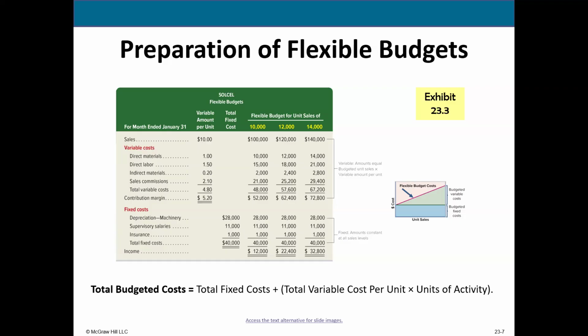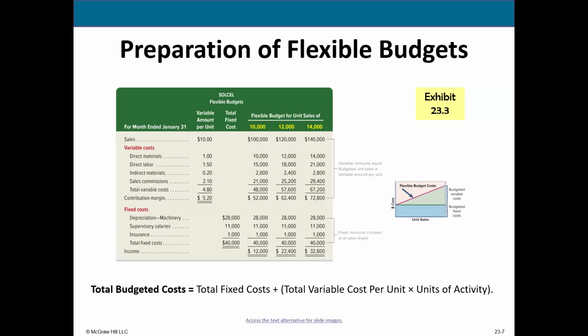The second thing we need to do is identify the costs and classify them as either being fixed or variable costs. So we're separating out our variable from fixed costs, just like we've done before. So we know that variable costs are direct materials, direct labor, and variable costs also include the variable part of overhead. Okay, variable part of manufacturing overhead.